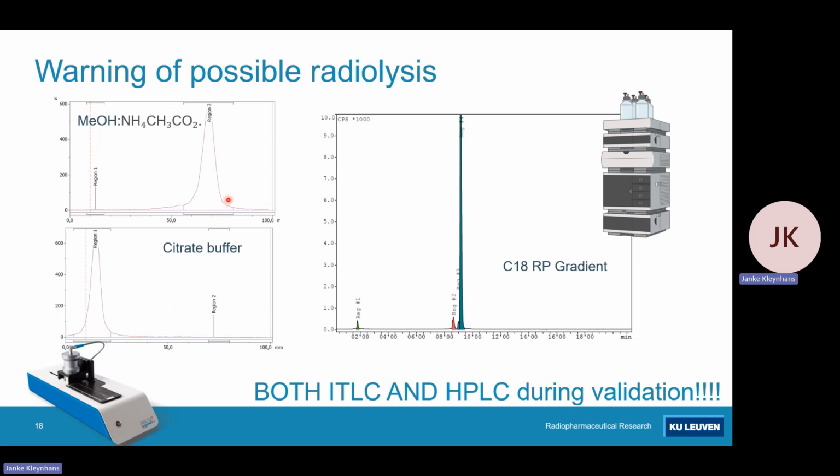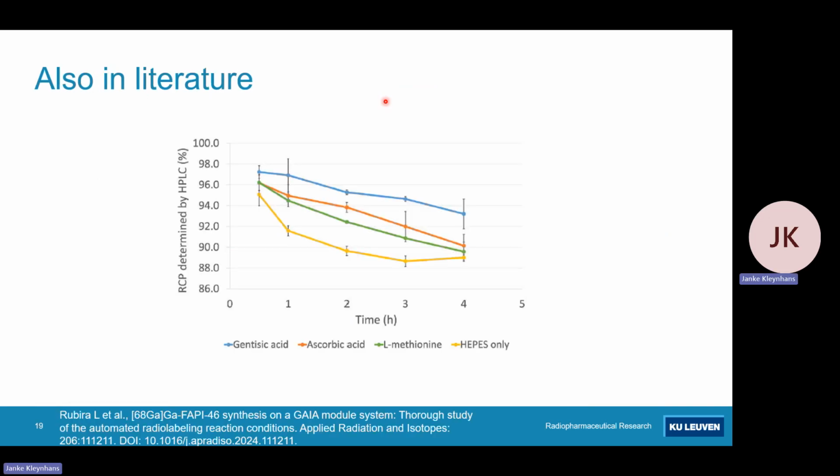So please do HPLC during validation, watch out for radiolysis with these molecules, and make sure that you make a pure radiopharmaceutical. I also found similar reports in literature where they added these different radiolysis protectors. And as you can see, there is definitely optimization to be done.